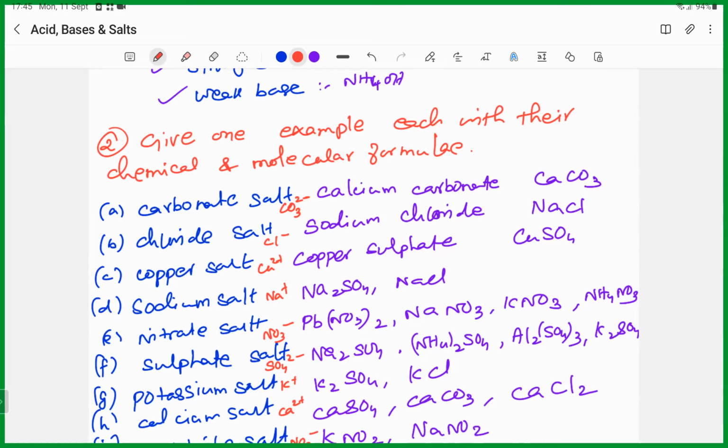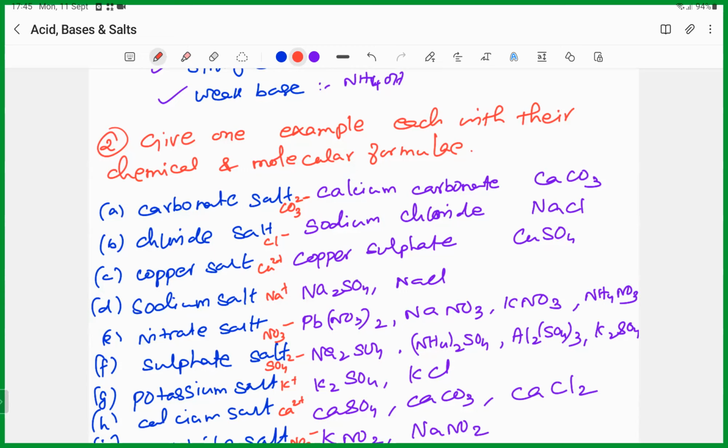For the copper sulfate, it derived from copper hydroxide and then sulfuric acid. Then that salt will be somewhat neutral or acidic. Sodium sulfate, neutral, because sodium hydroxide and sulfuric acid.